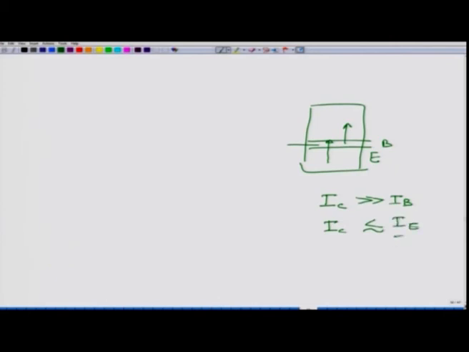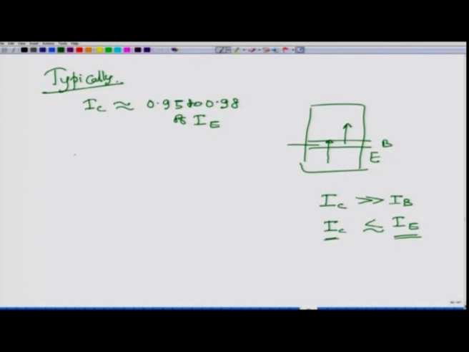Most of the emitter current is going through the collector. Typically, this IC is let us say some 95% to 98% of IE.